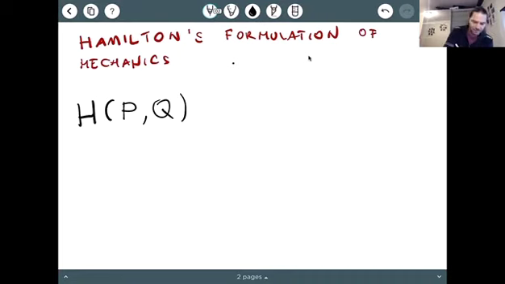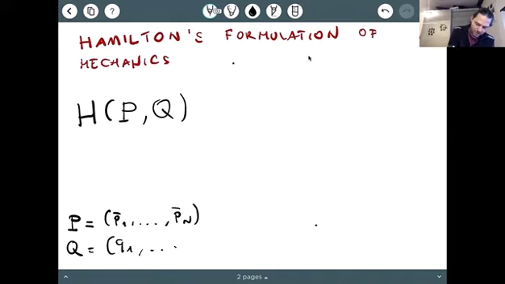I'm using capital P and Q. Capital P is the 3N vector of all the momenta in the system, and capital Q is the 3N vector of all the positions in the system. So rather than writing P1 through Pn, Q1 through Qn in the argument of this function, we might as well use this simple notation.